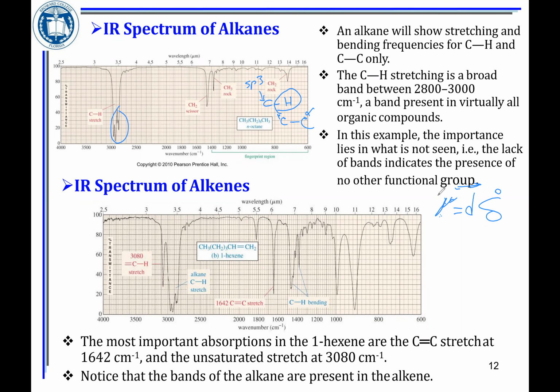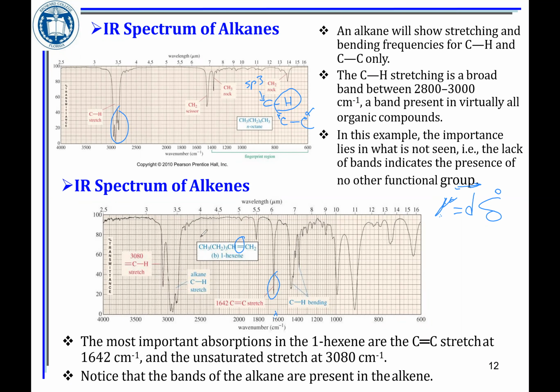Okay. But if we have a CC double bond, like here for the next one, we see a strong peak at around 1600, and we know that is the CC double bond stretch. And we have peaks for CH.